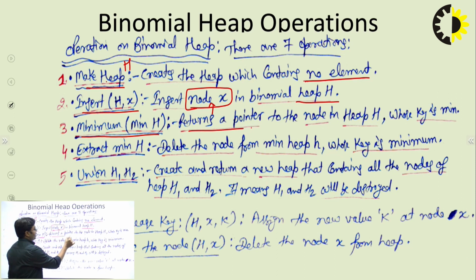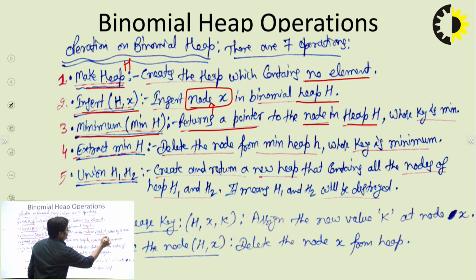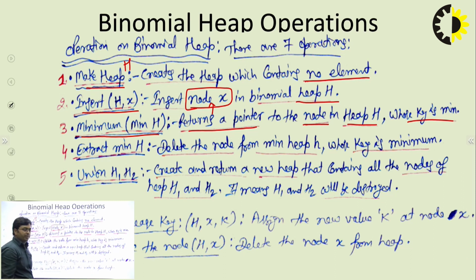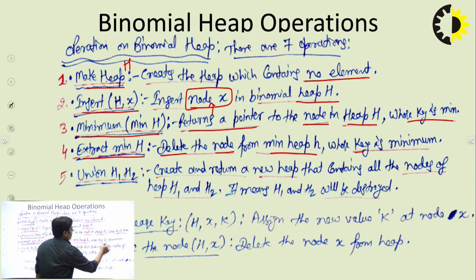It returns a pointer to the node in the heap whose key is minimum. Extract minimum h means extracting or deleting the node whose key is minimum from that binomial heap.